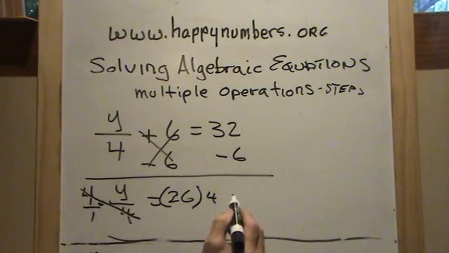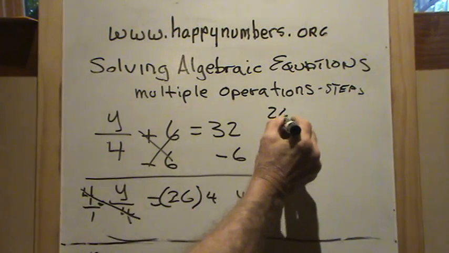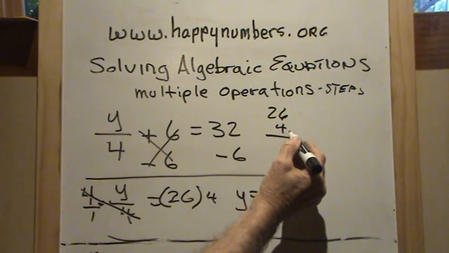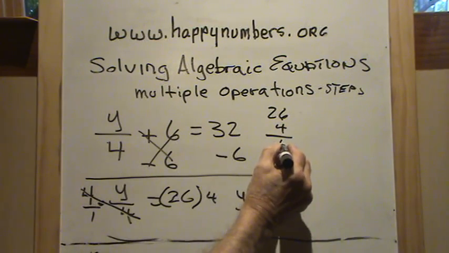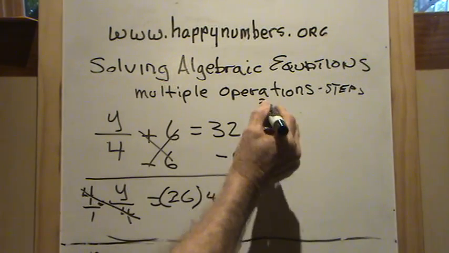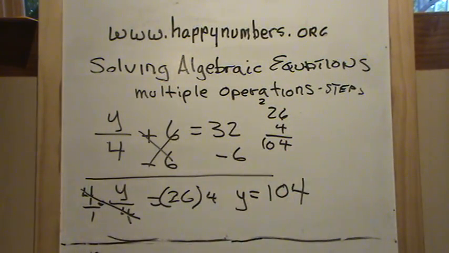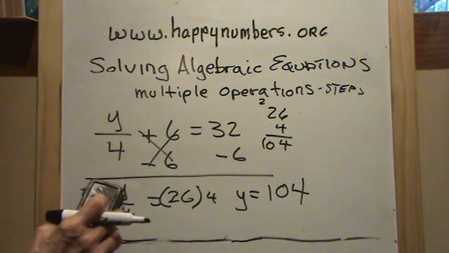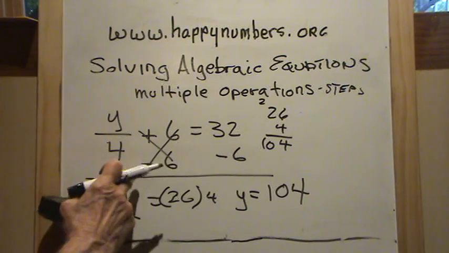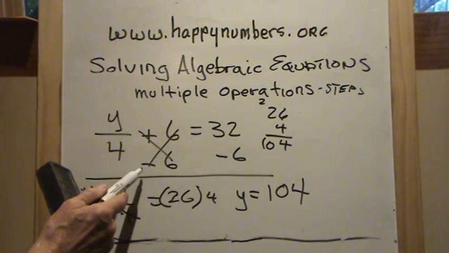This cancels out, and then I get y equals 26 times 4. 4 times 6 is 24, carry the 2. 4 times 2 is 8, and 2 is 10. Equals 104.